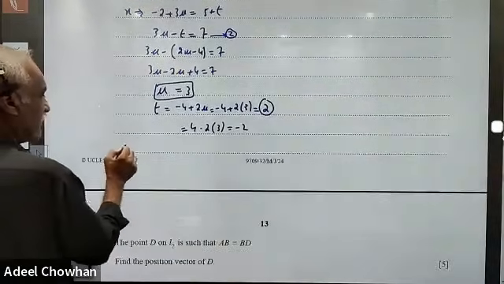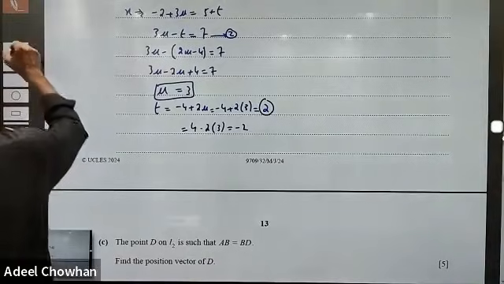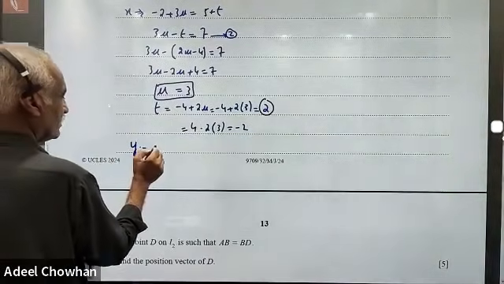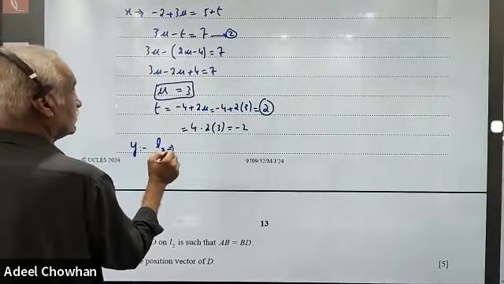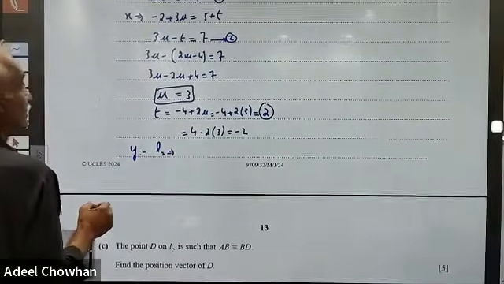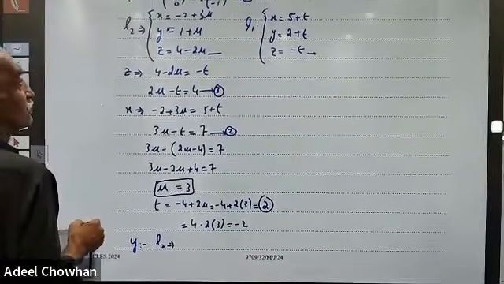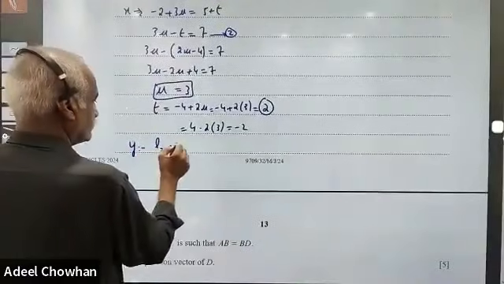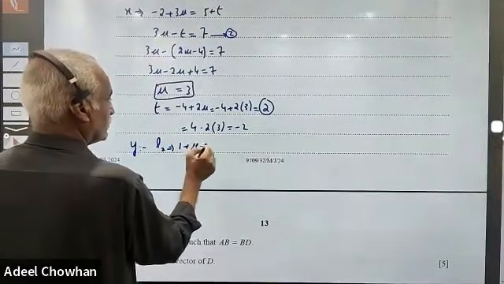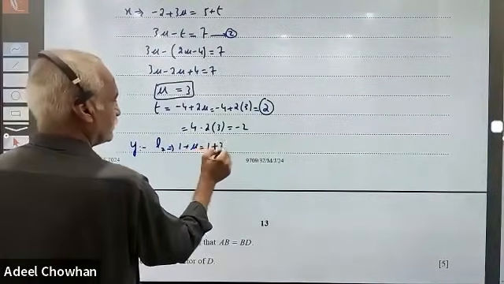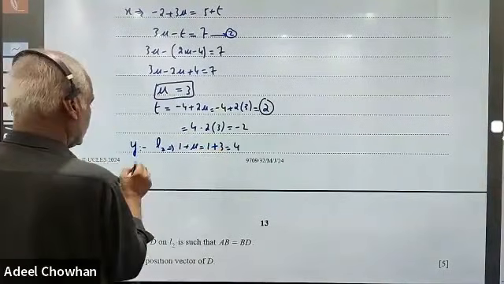So the y coordinate for this line L2 is equal to 1 plus mu. The mu value is 3 there, so it should be equal to 4.